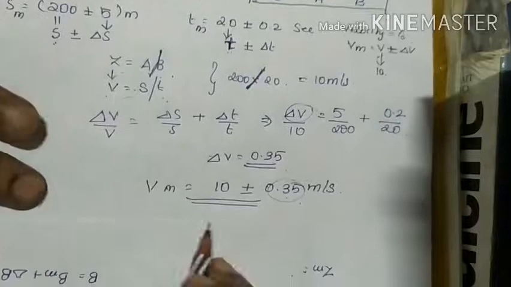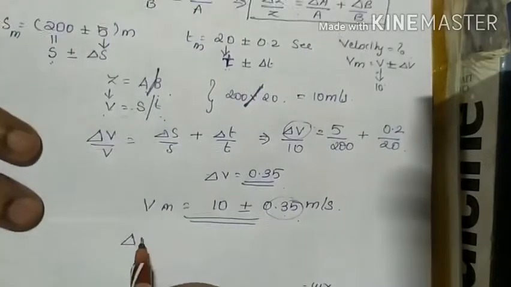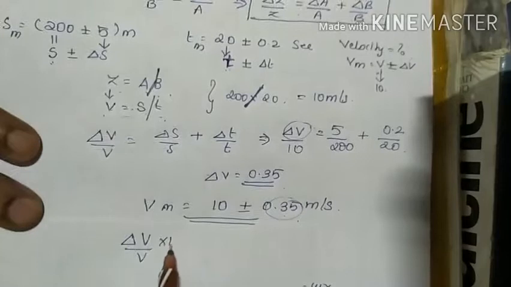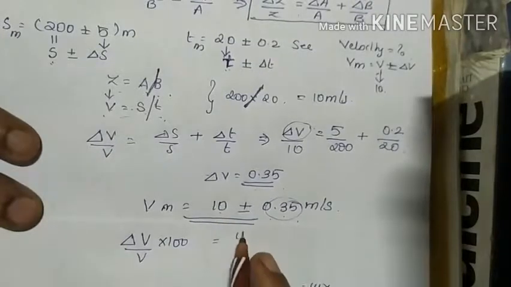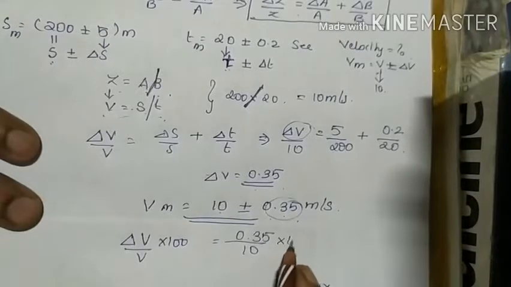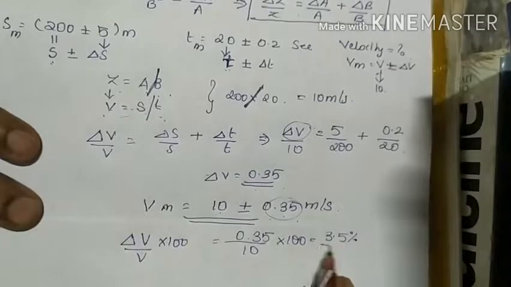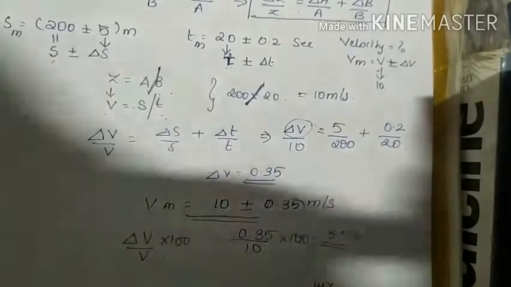The percentage error of Vm will be delta V by V into 100. This is V, this is delta V. So how would you write it? 0.35 divided by 10 into 100. So it will be 3.5 percent. This is the percentage error equation. Clear? Now let's move on to the next section, guys, that is exponential powers.